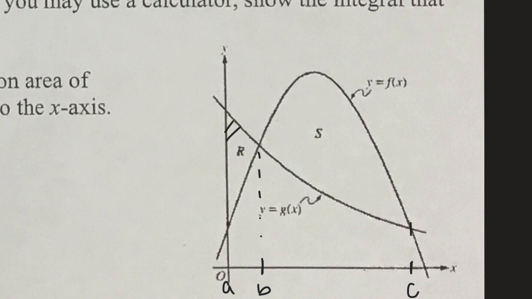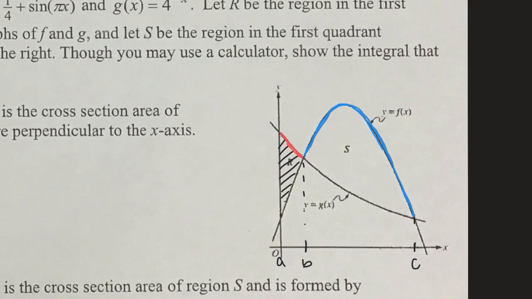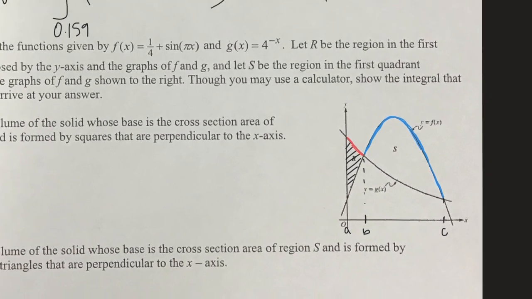We do two sections because here we have the g of x minus f of x, right? G is on top for this interval. And then for our second interval, the f function is on top. So we're going to do some practice with our calculator figuring out what these points of intersection are so we can set up our integrals and find the volumes.